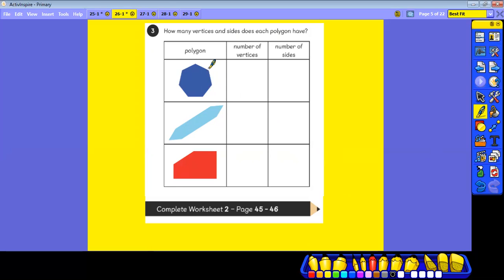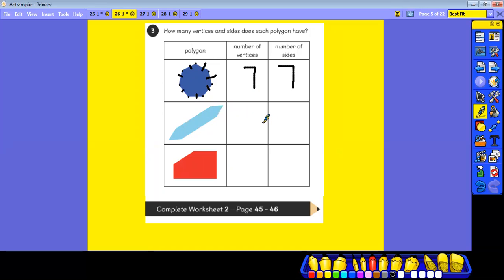So again, you're counting the vertices. 1, 2, 3, 4, 5, 6, 7. And then you're counting the number of sides. 1, 2, 3, 4, 5, 6, 7. Can you complete the table for these 2 shapes? Be very careful when you're counting those vertices.